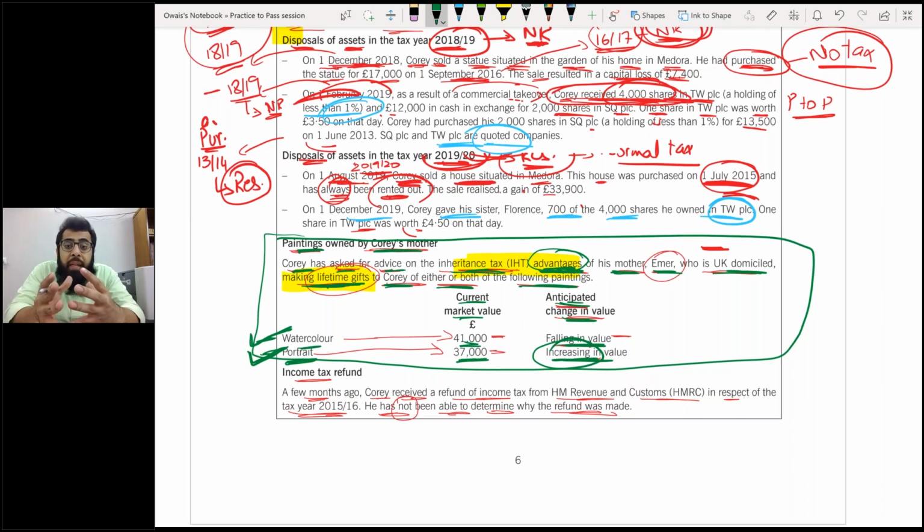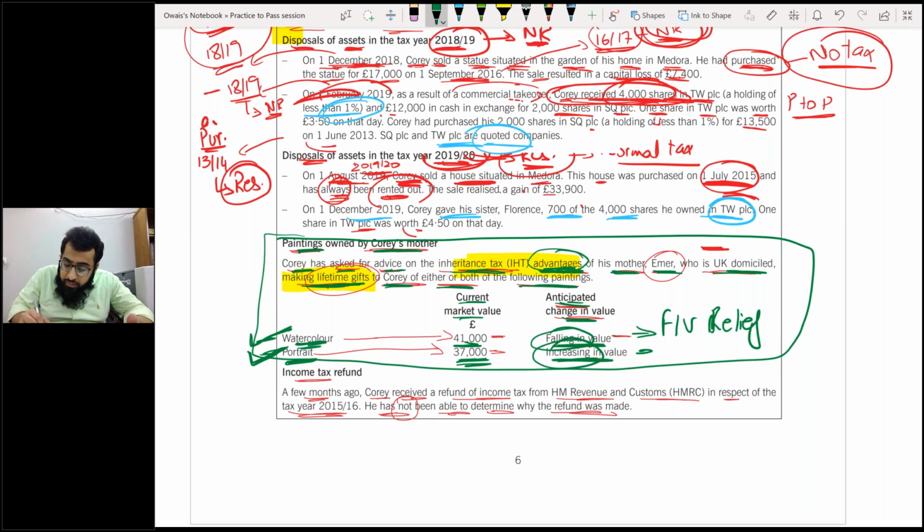When you make a lifetime gift, the value gets locked. So due to increasing value, you will get saved. As far as this watercolor is concerned, which has a falling value, you will get fall in value relief. And in case of increasing value, you will have locked value.